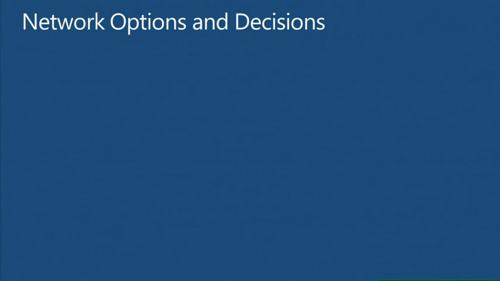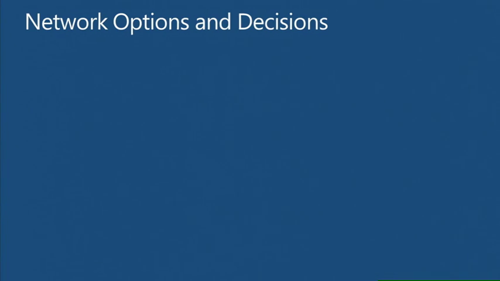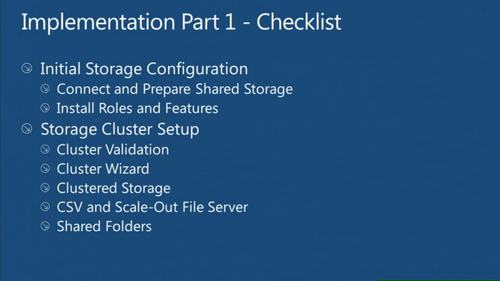Let's look at a few slides, and maybe things will fix themselves. All right. So if and when we get connected, what I will have done here is connect and prepare the shared storage, install the roles and features that are required, because I have to install the file server role on the storage cluster, and then I have to configure the file server role to support a new feature that's called Scale Out File Server.